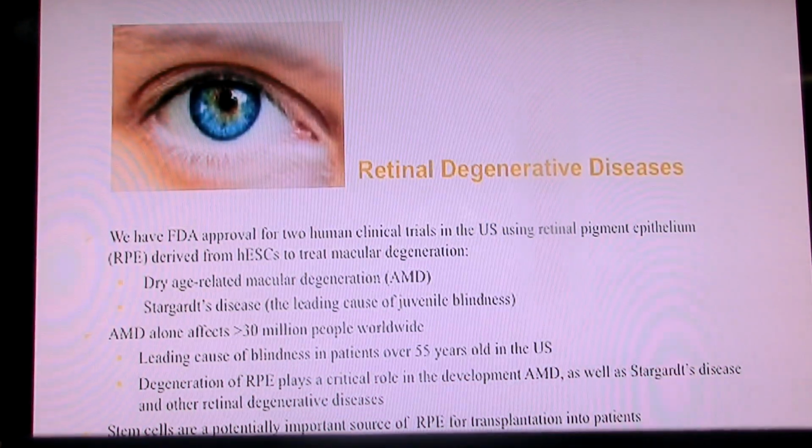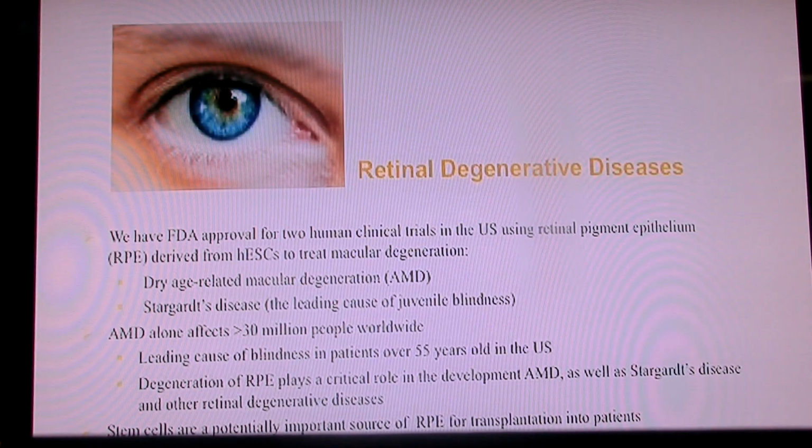So it turns out that dry age-related macular degeneration is literally the leading cause of blindness in the developed world. There's also an orphan indication called Stargardt's disease, which is the leading form of juvenile blindness. So we have approval to study both of those different eye diseases.